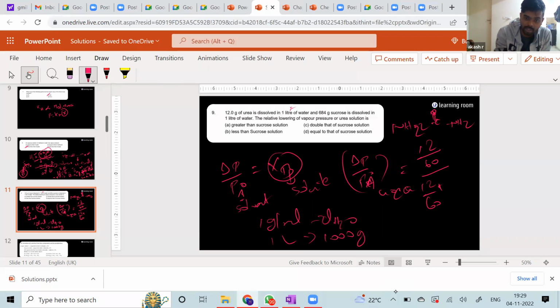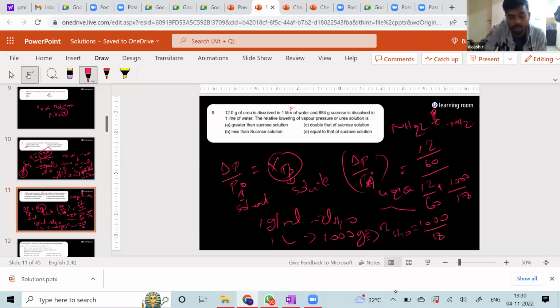So this is the mass of water present in 1 liter of water. So what will be the number of moles of water? Number of moles of water would be 1000 divided by 18. That's what will come here. This is the value you will find for the relative lowering of vapor pressure of the urea solution, right? 12 by 60 divided by 12 by 60 plus 1000 by 18. Okay, next.